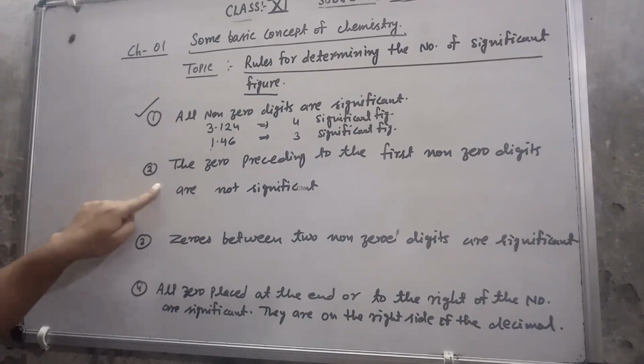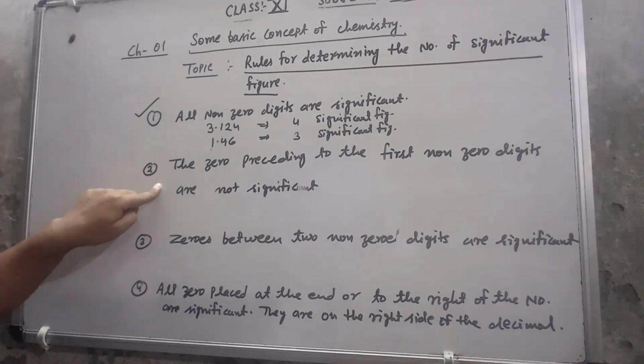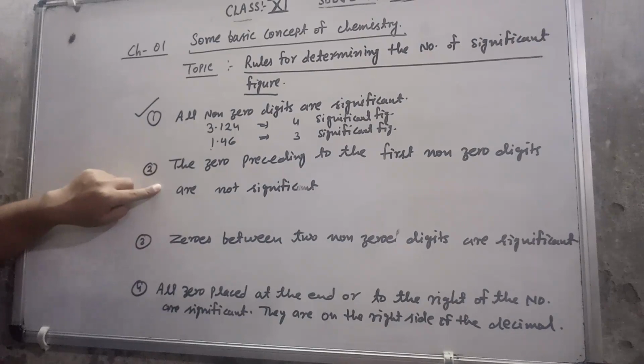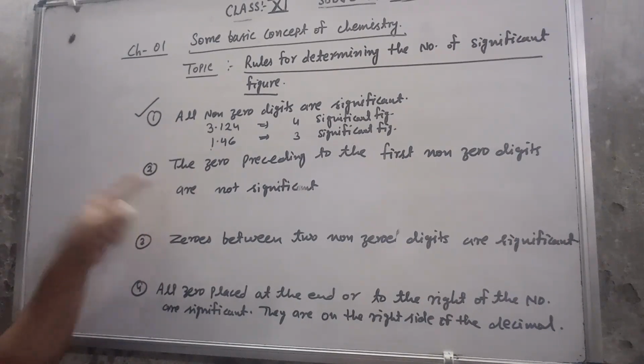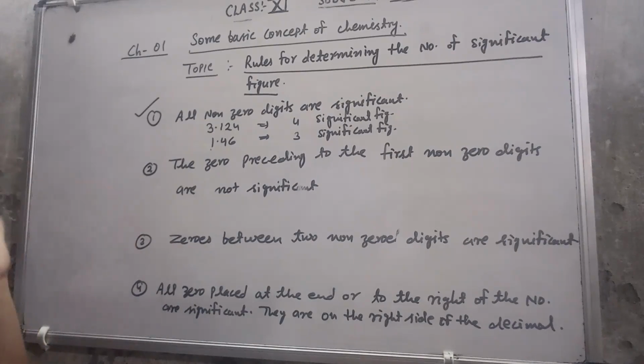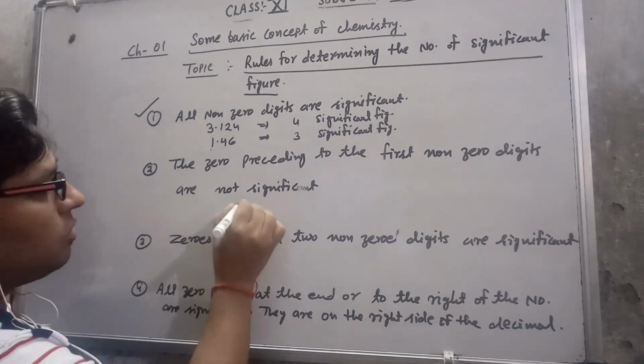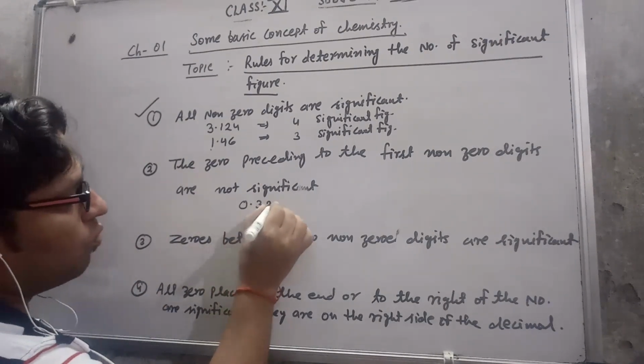Now the second rule is that the zeros preceding the first non-zero digit are not significant. That means the zeros present on the left-hand side of the first non-zero digit are not significant. Suppose this is 0.321.